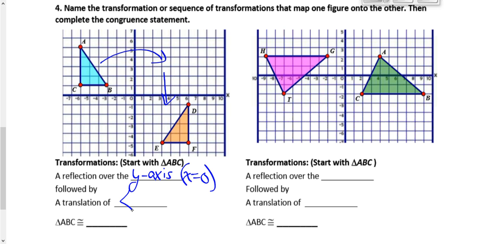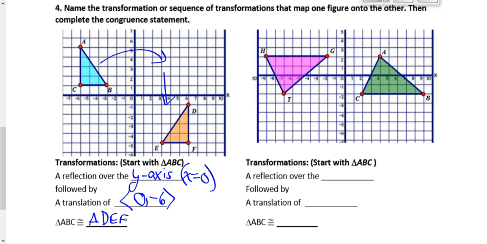So what goes first? 0, comma, -6, right? Okay, so triangle ABC is congruent to triangle what? Let's get the corresponding parts right. D, then E, then F, right? Oh, good. We have a little triangle somewhere.